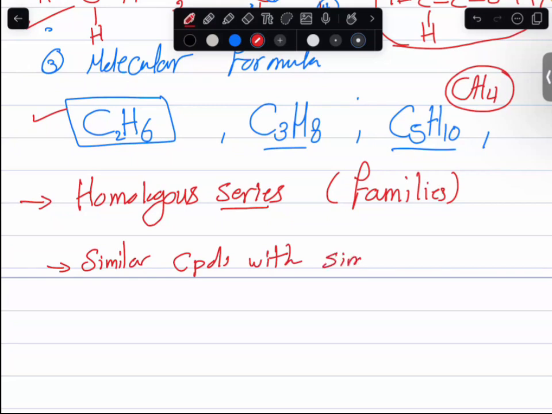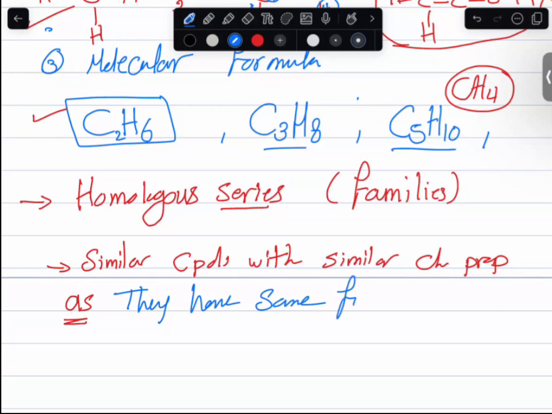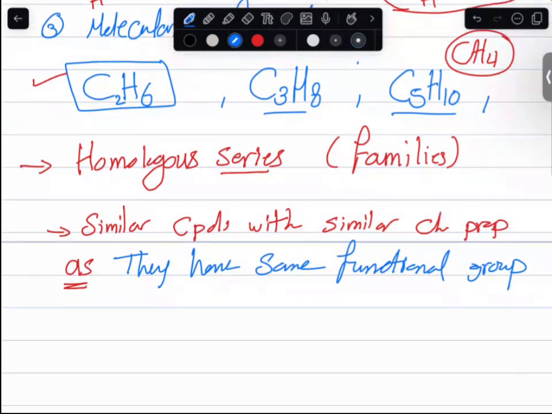And this is very important because this question came in the exam in past papers: they have similar chemical properties as they have the same functional group. So if I ask you why the homologous series have similar chemical properties, you say because they have the same functional group.